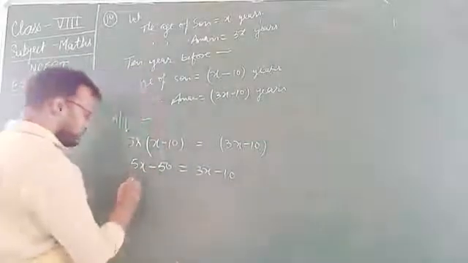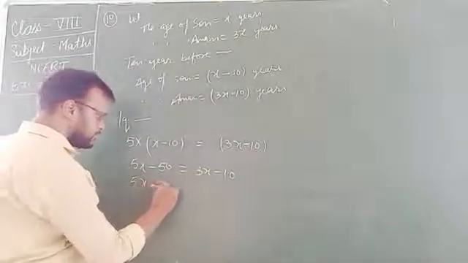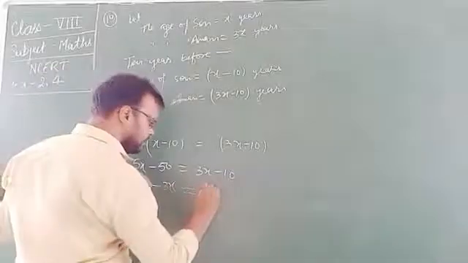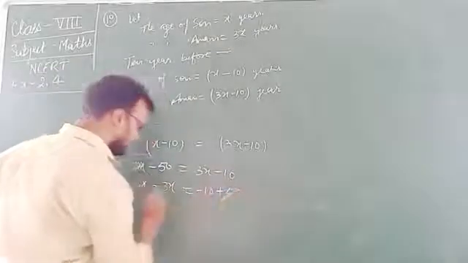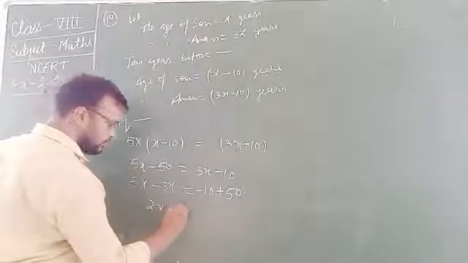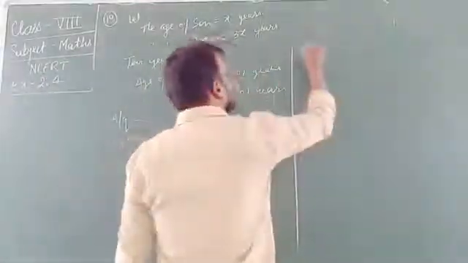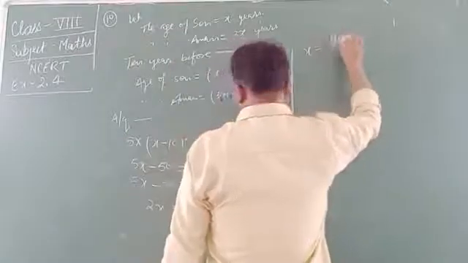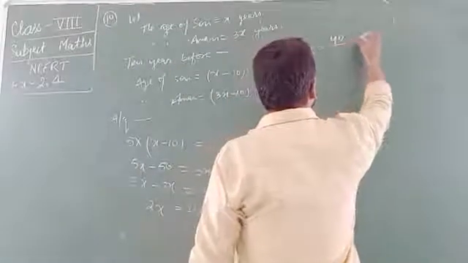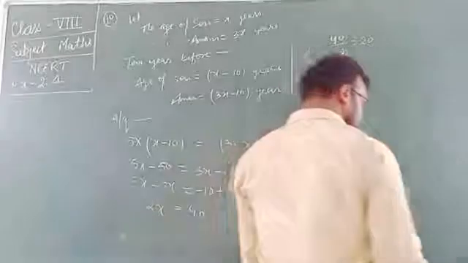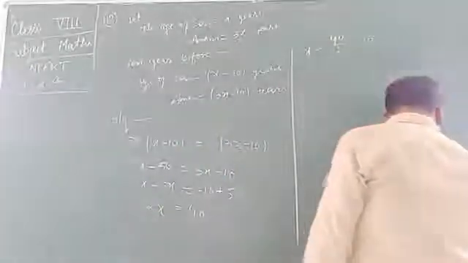Variable transfer: 5x minus 3x equals minus 10 plus 50. This is 2x equals 40. So x equals 40 upon 2, that is 20.